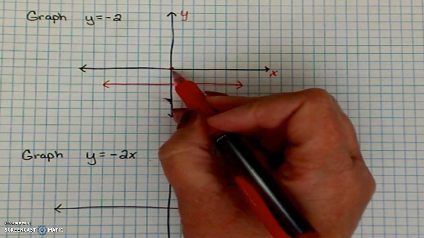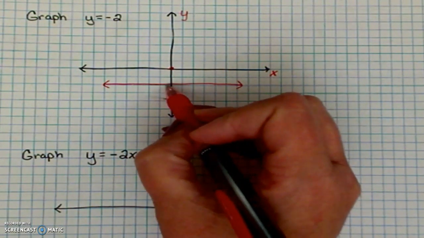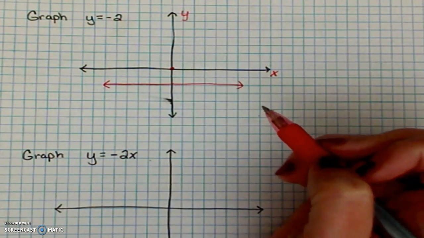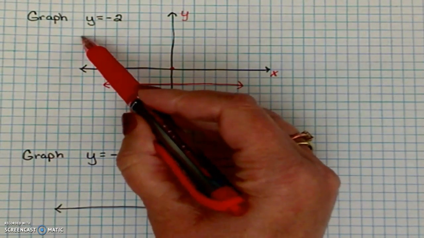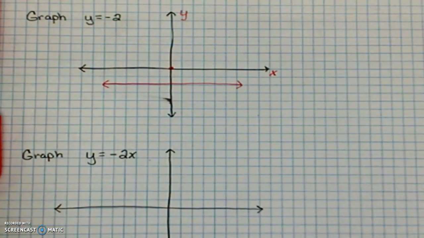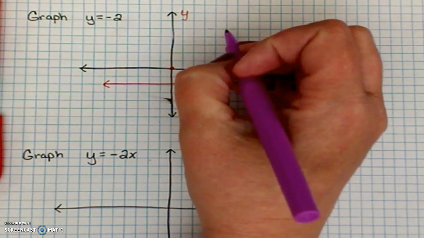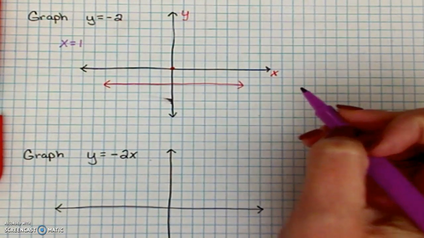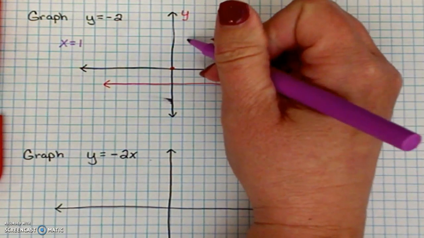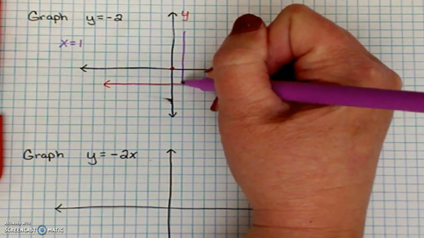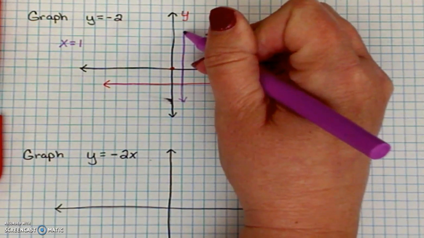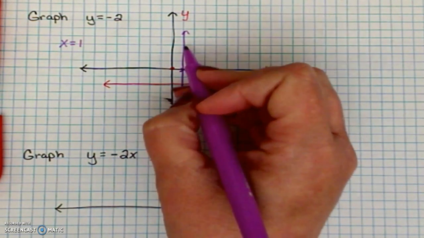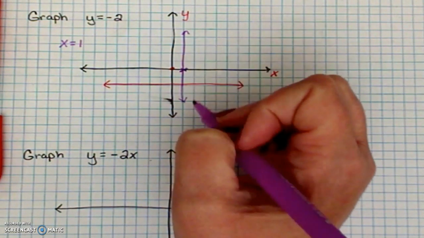From the origin you go down to -2, and you draw a line that crosses the y-axis at -2. If I ask you to graph x equals 1, that is a vertical line, because you find where x equals 1, right at this point, and it is a vertical line that goes through that point.